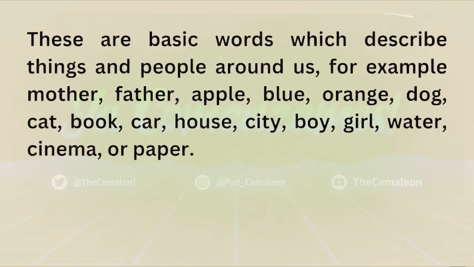These are basic words, which describe things and people around us. For example, mother, father, apple, blue, orange, dog, cat, book, car, house, city, boy, girl, water, cinema, or paper.